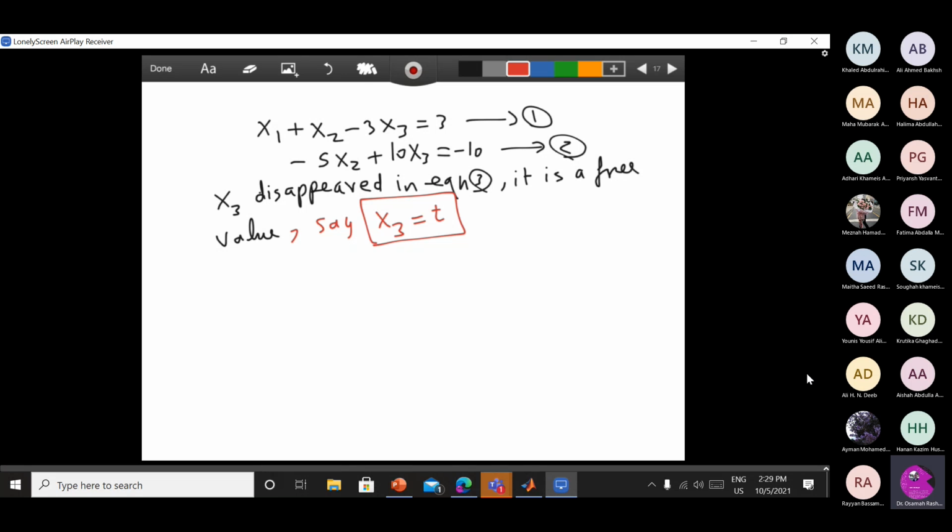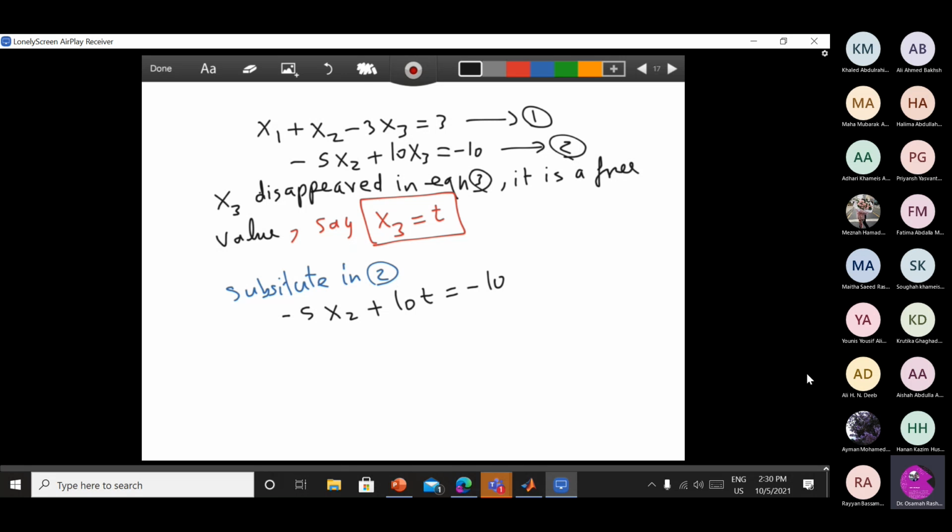So up to this value, I can substitute into, yes, minus 5x2 plus 10x3, where x3 is t, equal to minus 10.